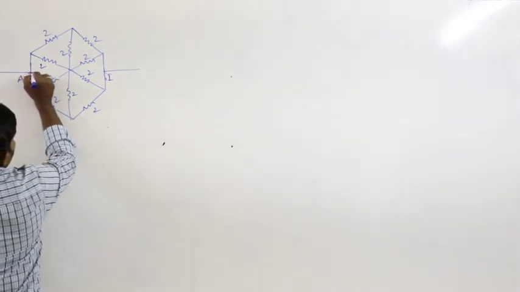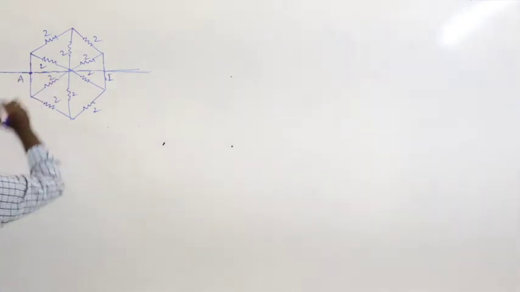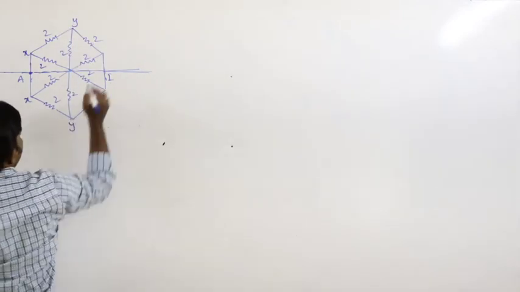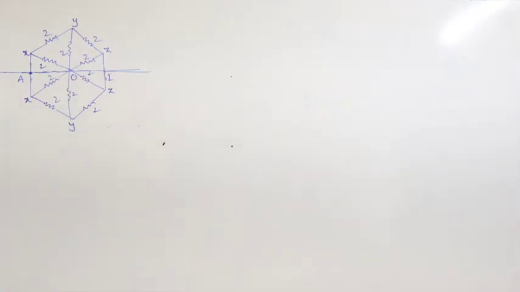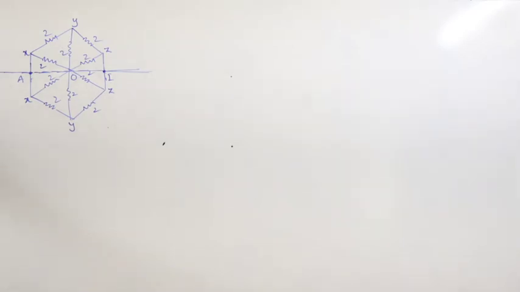So, now I am going to apply folding symmetry. That means these are the potential points. Let us say it is X, X, Y, Y, Z, Z, and this is O. This is the position A and this is the position I. I am applying the folding symmetry rule here.